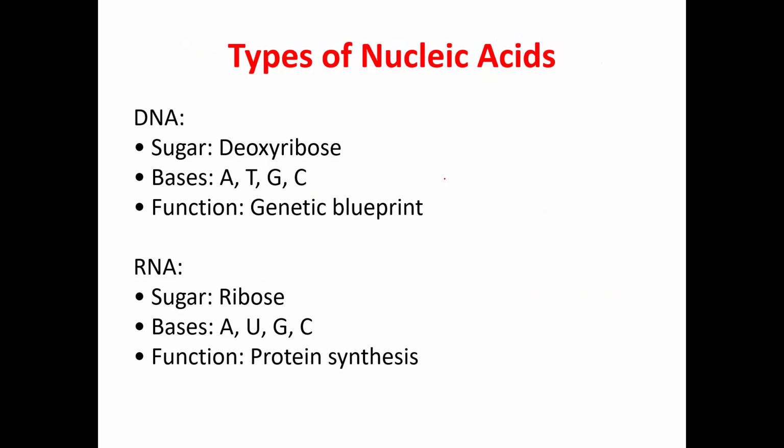Coming to the types of nucleic acids, there are two main types, DNA versus RNA. DNA and RNA are both made up of nucleotides, the repeating unit.